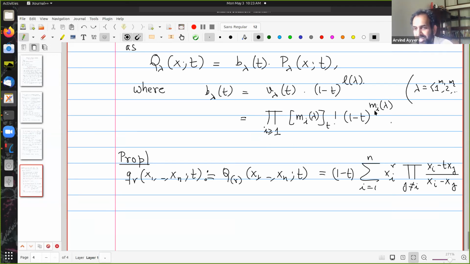Because I cannot have i greater than or equal to 0 here, since m_0 will be infinite. So let's just stick to i greater than or equal to 1. No, I thought m_0 by convention is 0. No, m_0 is the multiplicity of 0. It's the number of paddings by 0 you need in a finite stage.